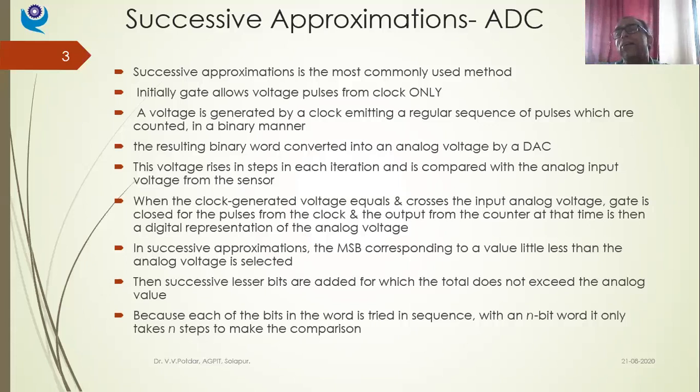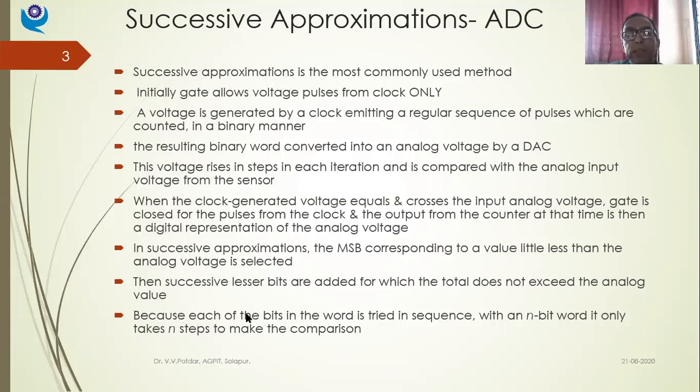Then it will be compared. When it is equal, the clock gate will be closed, and that 9 volt signal will be converted into digital form. That will be my binary representation of the 9 volt signal. Successive lesser bits are added, for which the total does not exceed the analog value.